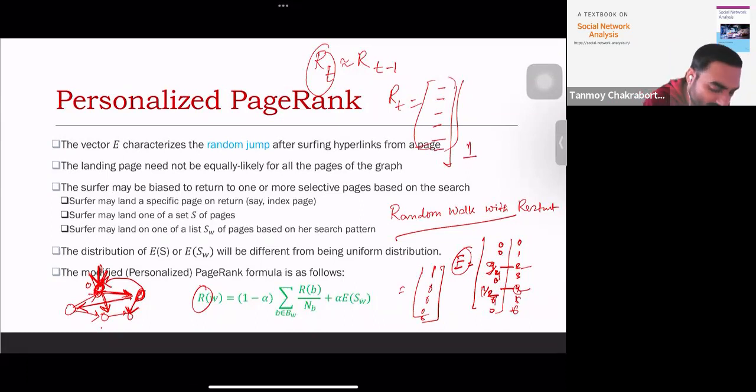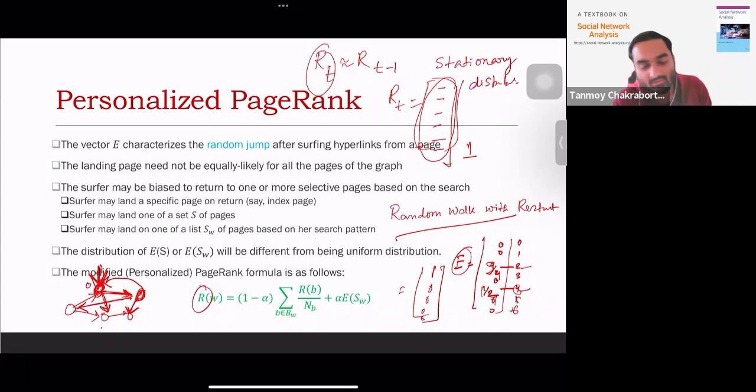Now this is called stationary distribution. Remember this terminology. What is a stationary distribution? In this kind of iterative, recursive formulation, where you keep updating, when the algorithm converges, the value that we obtain at the time of convergence is called the stationary distribution.